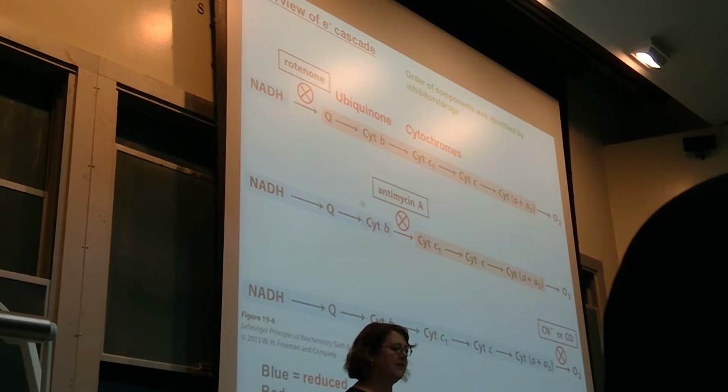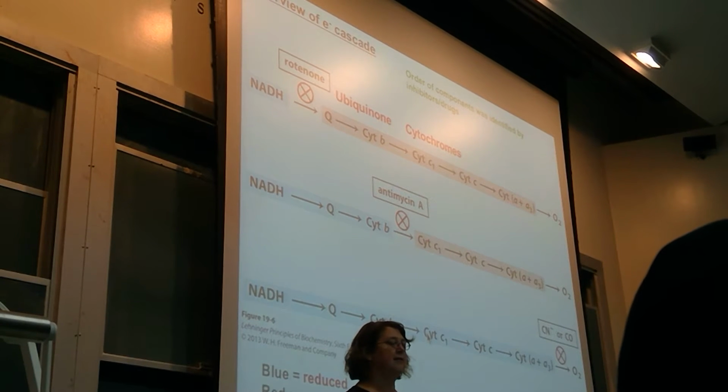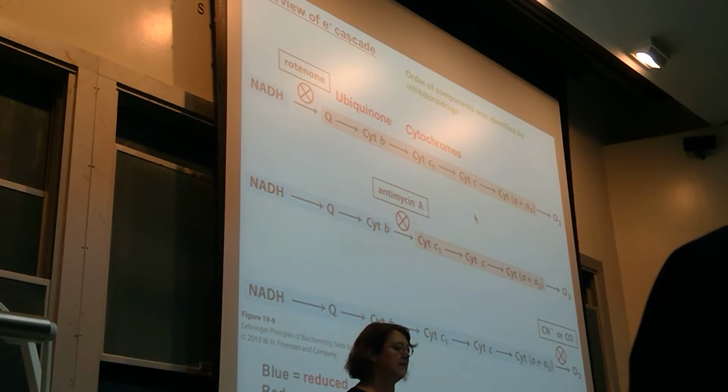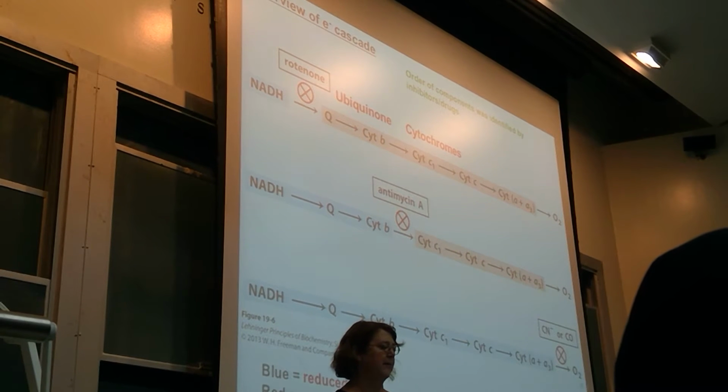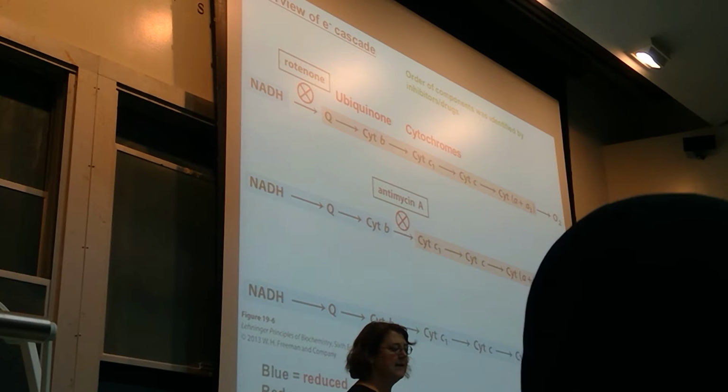In this diagram, which is also discussed in the book, when it's blue, it's been reduced, and when it's red, it hasn't yet been reduced. If you have the full thing happening, it would all be blue, and the oxygen would then be reduced to water.